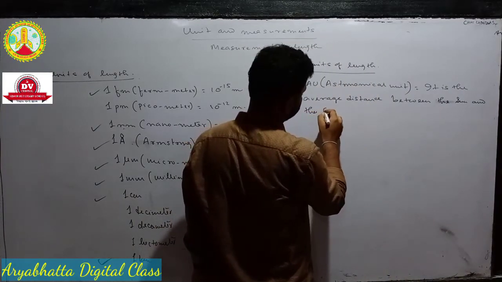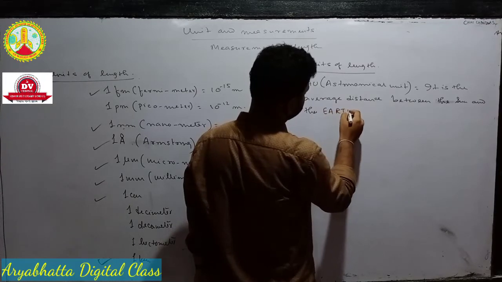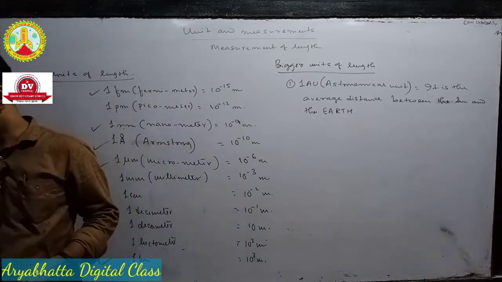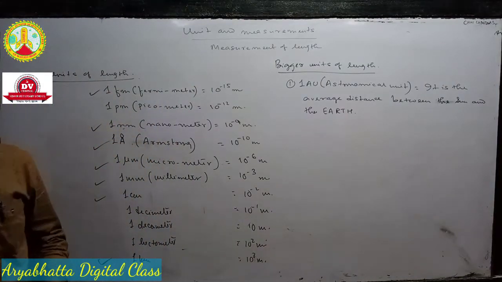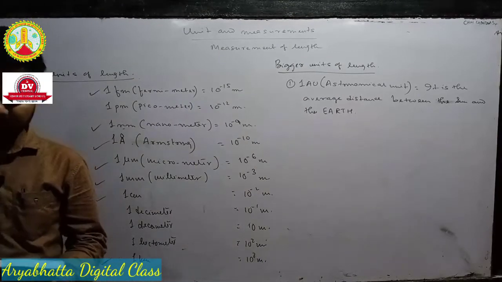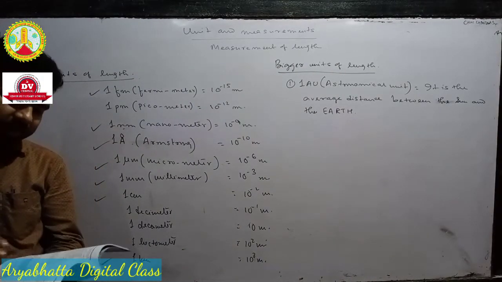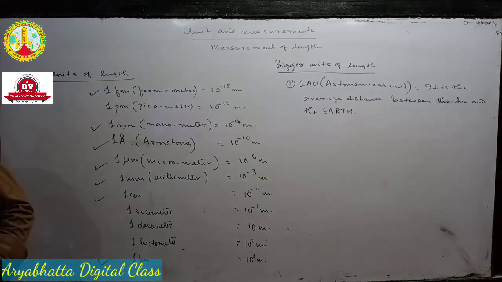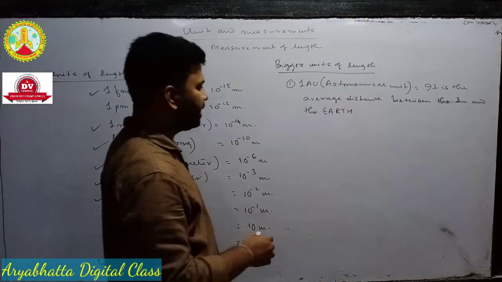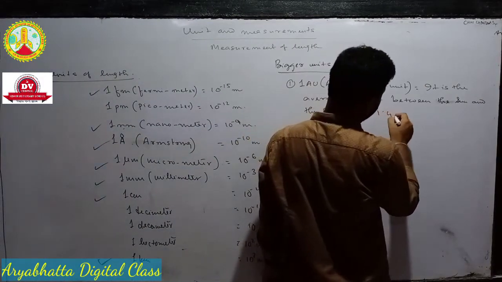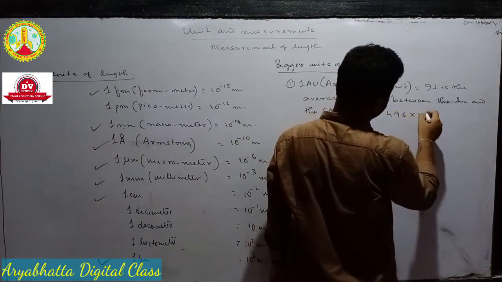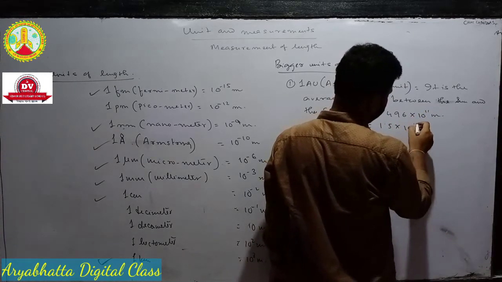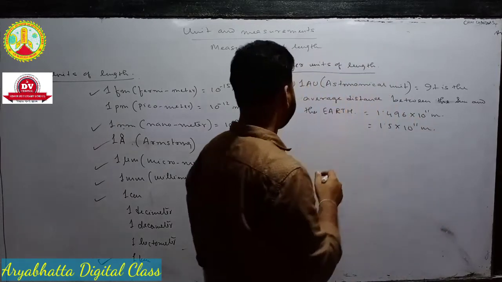If you say 2 astronomical unit, then it is 2 times the distance between the sun and the earth. It is given in your textbook that 1 astronomical unit is 1.496 into 10 to the power 11 meter. So you can write 1.5 into 10 to the power 11 for calculation purpose.